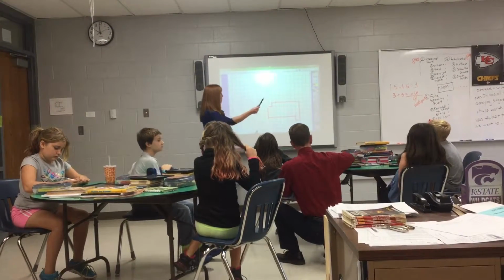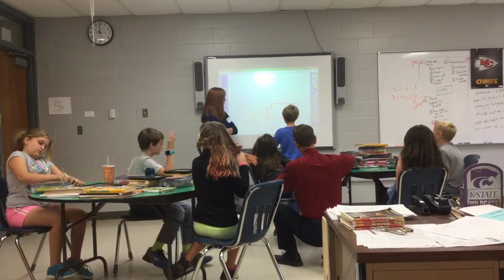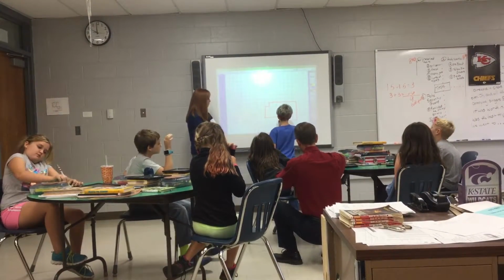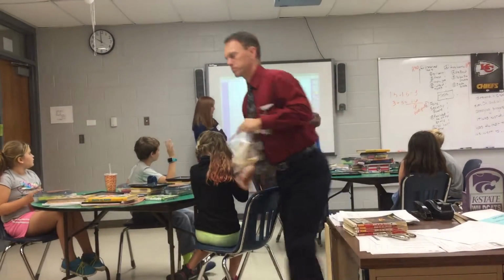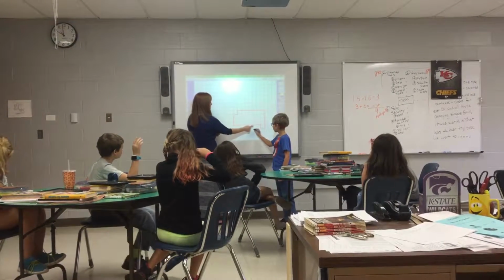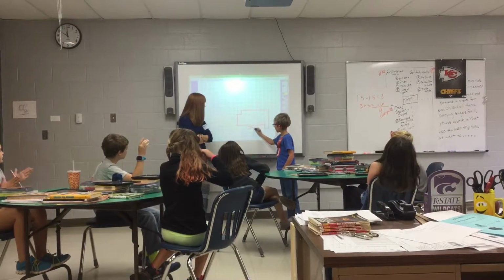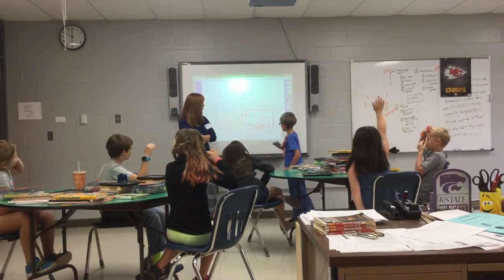Paul, come here. Come here and write one of the sides. Pick one side you want to label. Alright, he says this side from here to here is 7. 1, 2, 3, 4, 5, 6, 7. You got it. Give the pen to somebody else. Oh, he's labeling. Good job, Paul. 7 feet.